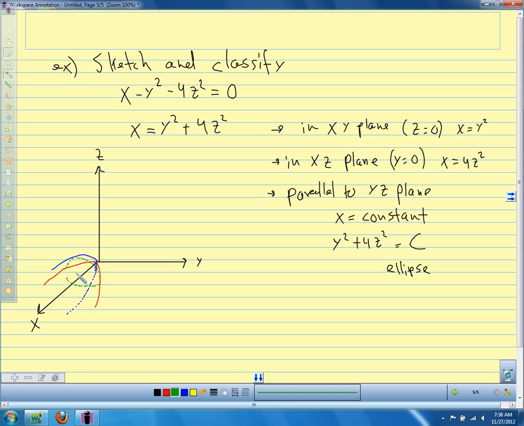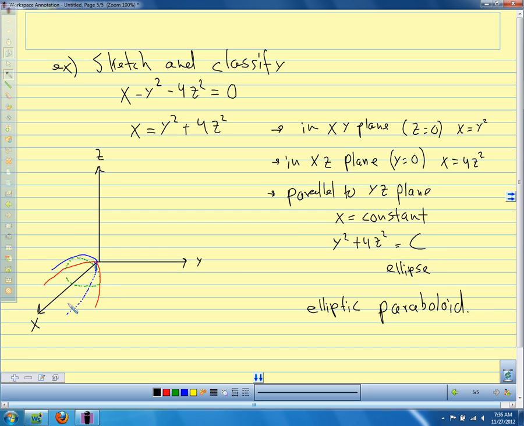And to classify this, I would call this an elliptic paraboloid. So the elliptic comes from the ellipses that we have here parallel to the yz plane, and the paraboloid comes from the sides.